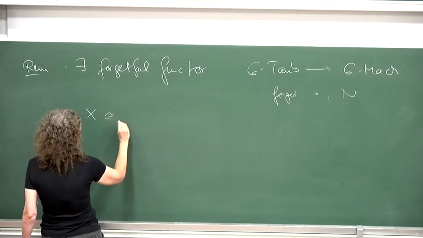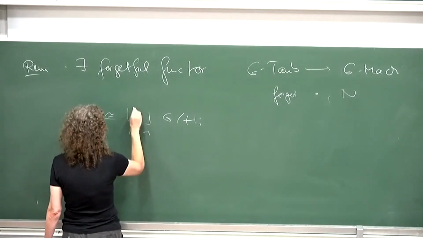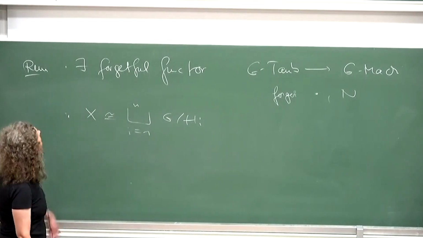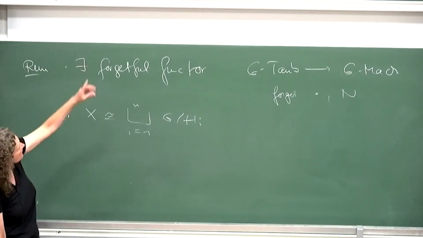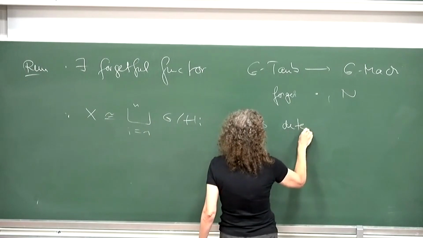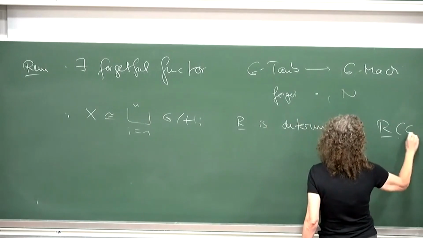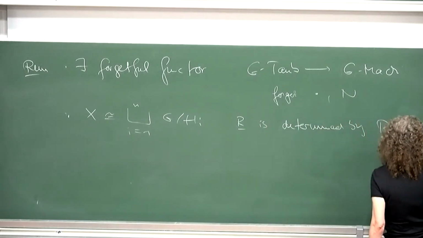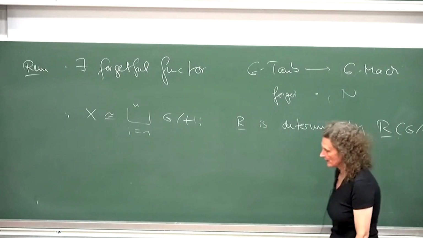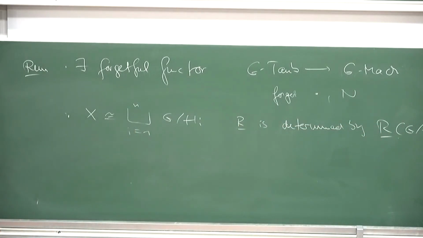We can decompose every finite G-set into orbits, and then this second condition up there tells you that R is determined by the value on orbits. And that is then leading to the fact that you find sources where this is defined in terms of saying what happens on orbits.